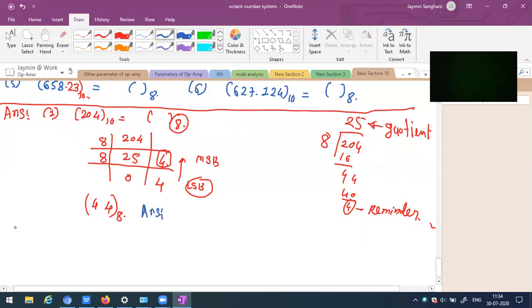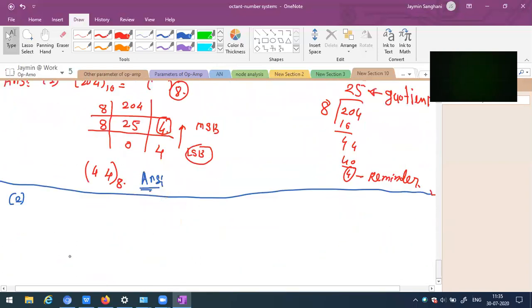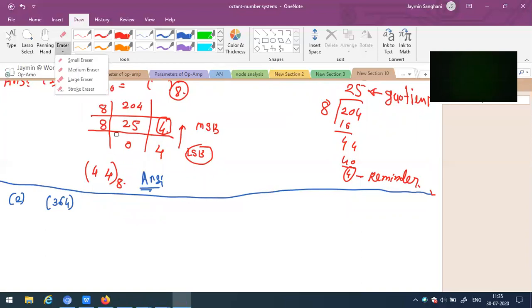Now next, the second question: 364 decimal. How is it possible to convert into octal? Sorry, another silly mistake was made. If you divide 25 by 8, then here 4 is correct.